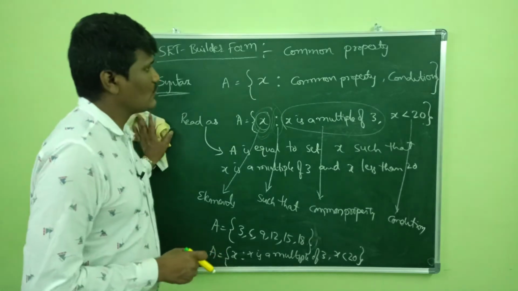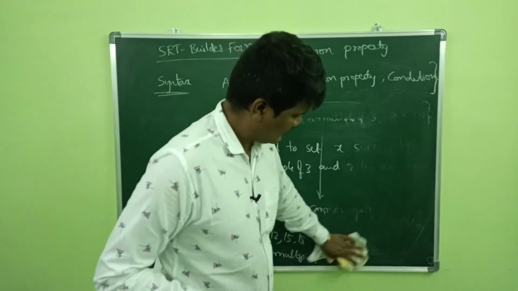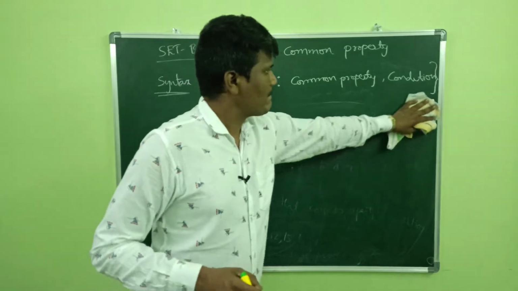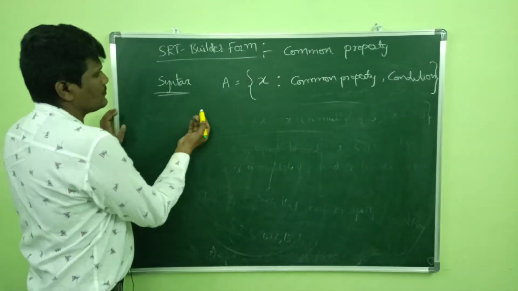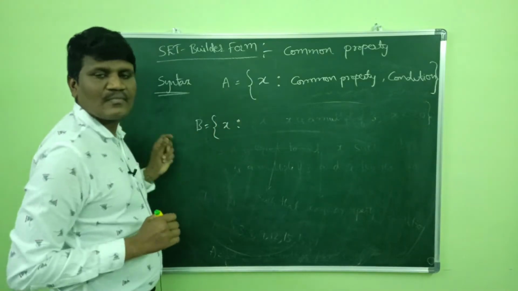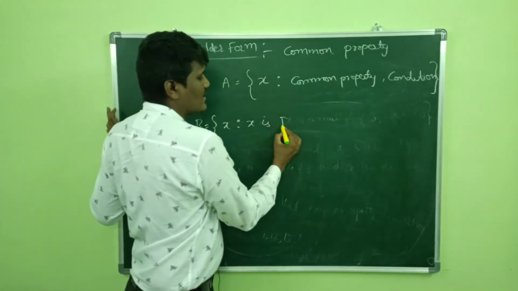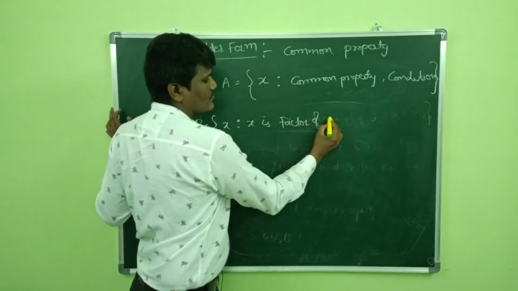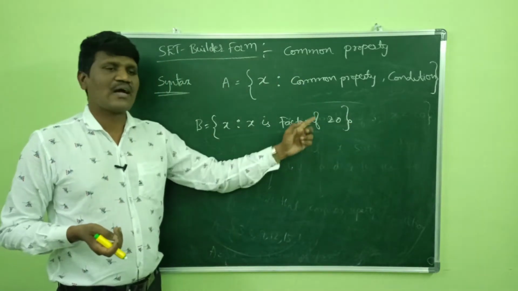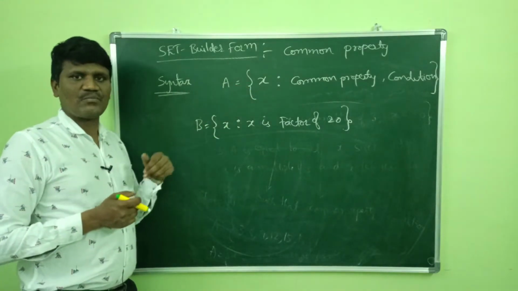So if you see one example, suppose the next set is x such that x is a factor of 20. x such that x is a factor of 20. So how to write the list of the elements, or how to write the roster form of this?